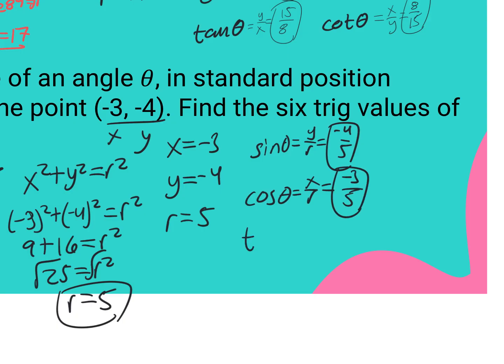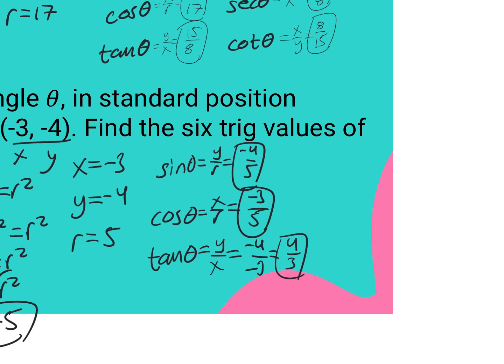And I know tangent has to be y over x, which is -4 over -3, which is 4/3 positive. And then to find the others, sine and cosecant go together. So to find cosecant, I'm just going to flip what we got for sine. So it's going to be -5 over 4 then.